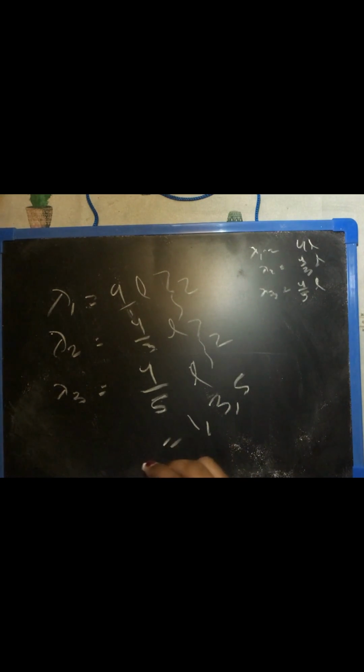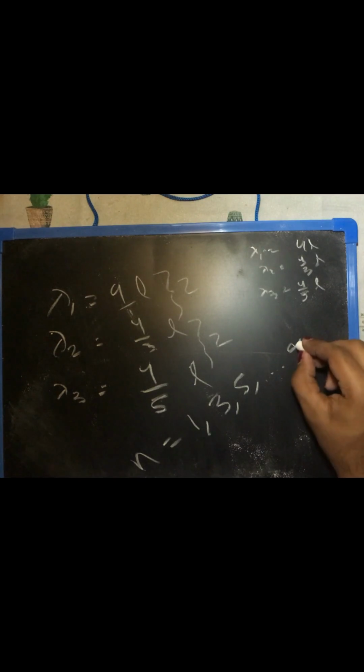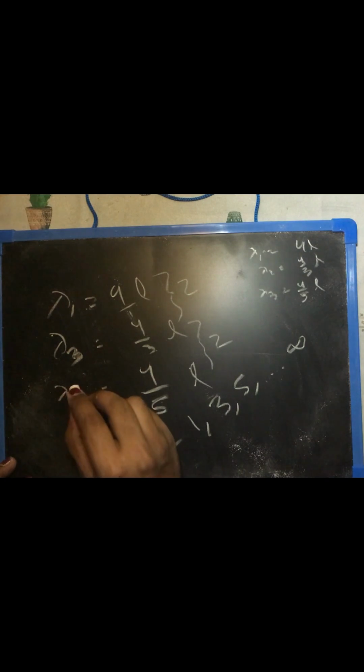The integer n is always an odd number. So 1, 3, 5, and so on towards infinity of odd numbers. So lambda 2 is basically the third harmonic, and lambda 3 is basically the fifth harmonic. So in a closed tube, we don't really have the even harmonics. We only have the odd ones.